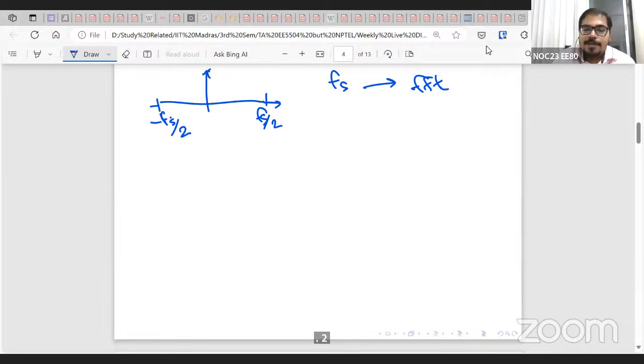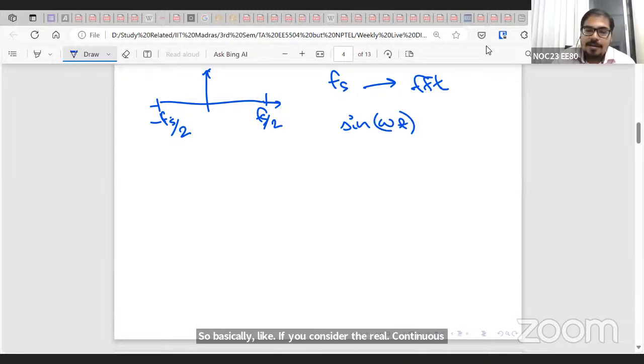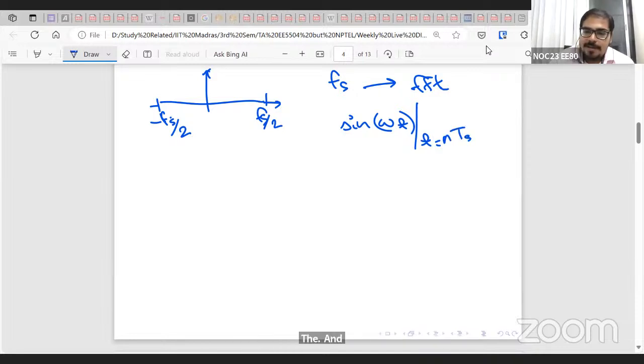And higher frequencies will get folded back into this range, and you will get some aliased signals. So basically, if you consider the real continuous time signal is sine omega t, but what we are doing is we're sampling it at t equal to n times some sampling time, which is equal to n times 1 by fs.